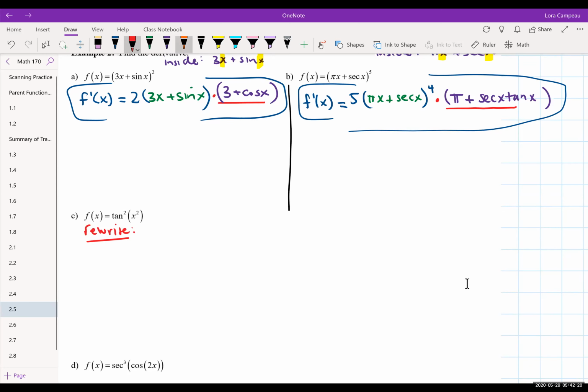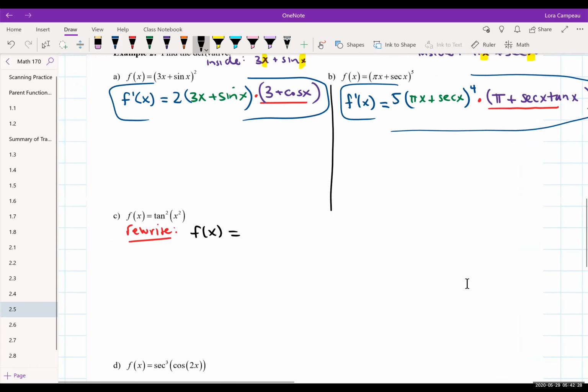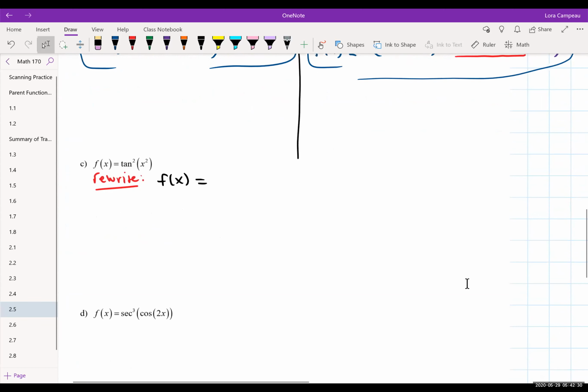So I would prefer to see this as f of x. Well, it's already f of x. But I'm saying what was being squared, it is the tangent. The tangent of x squared was being squared. So now I'm running into a situation where I'm actually seeing 2 links going on.